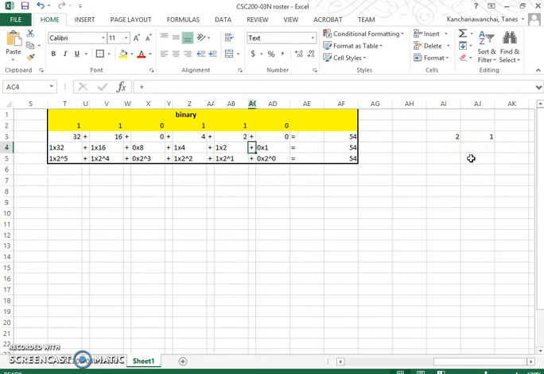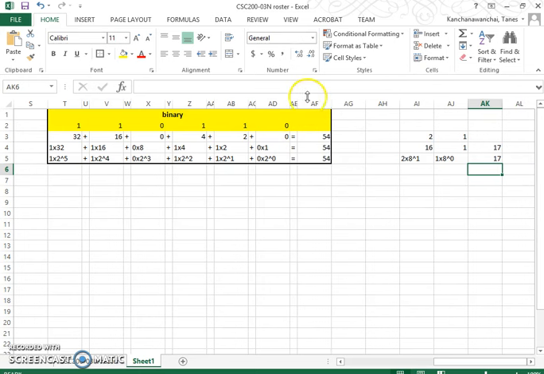And then the same, 2 times 8 to the 1. So 8 to the 1 times 2 is what? 16. 8 to the 0 times 1, that's 1. So when you add them, you get 17. Okay? So that's pretty much the same principle here.